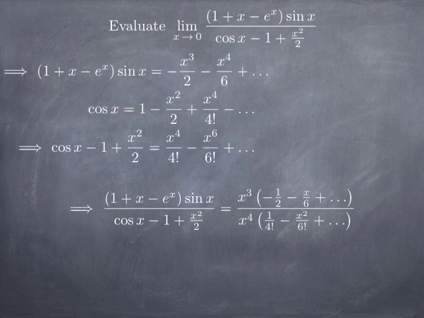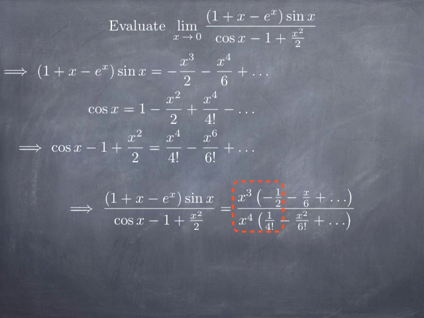It doesn't really matter what they are, all I know is that each of the complementary terms is going to contain a positive power of x, so that when we look at the limit for x equals 0, these terms are going to go to 0. At the bottom I can factor x to the 4th, and then I have a constant, namely 1 over 4 factorial, plus a bunch of terms that again contain a positive power of x and are going to go to 0 as x goes to 0.